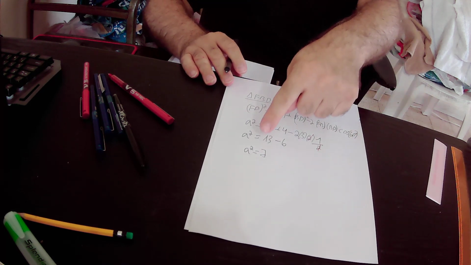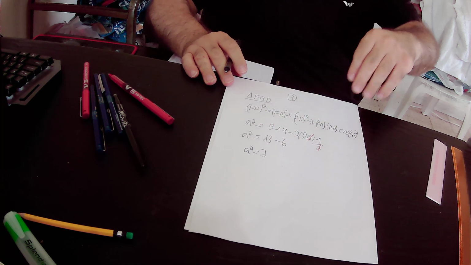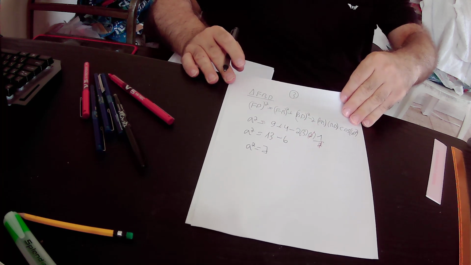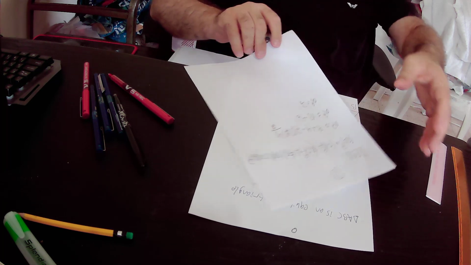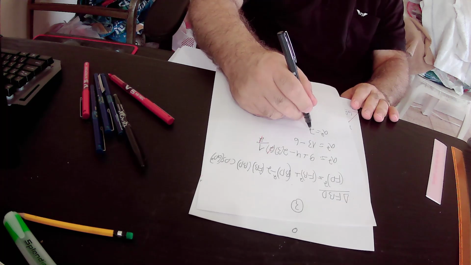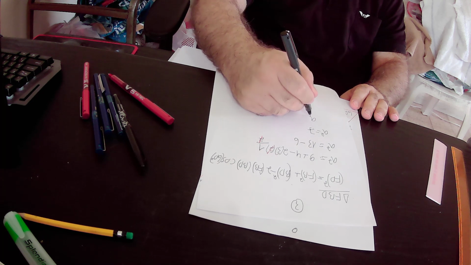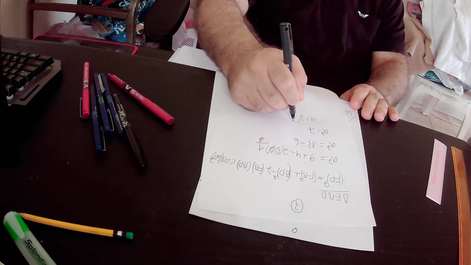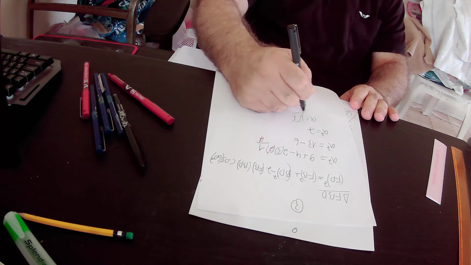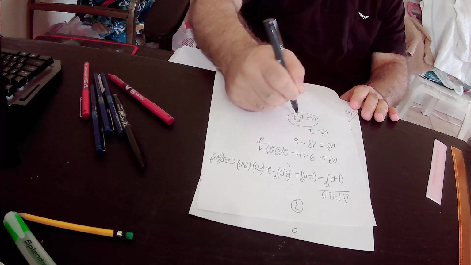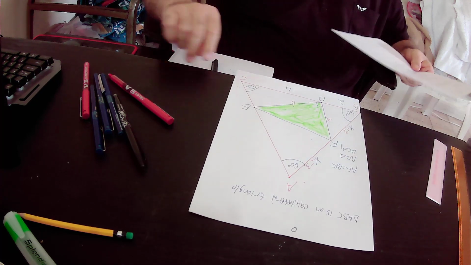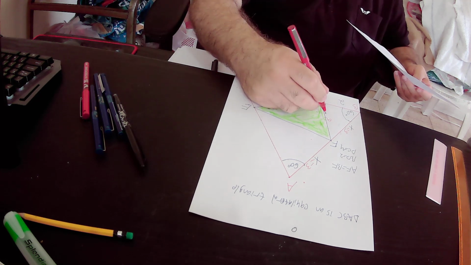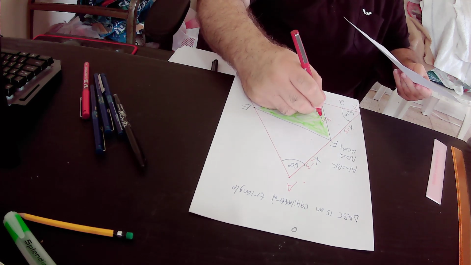We will take a root out of this equality and we will get that the value of a is root 7 units. A equals root 7 units.